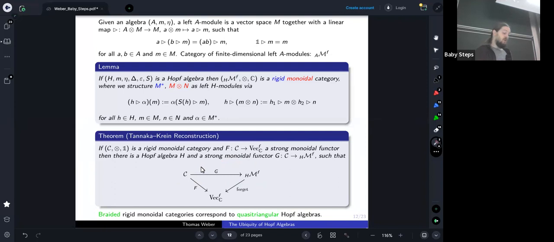If you want even more structure on the level of modules, let's say you want a braided, rigid monoidal category, braided meaning that you have a kind of flip operator, then this corresponds to more data on the Hopf algebra level. Namely, this is what a quasi-triangular Hopf algebra is. So here the credo is somehow that information on the level of modules corresponds to information on the Hopf algebra level. That's a very powerful thought.